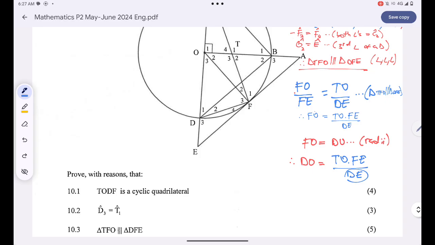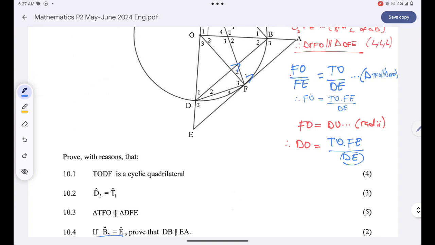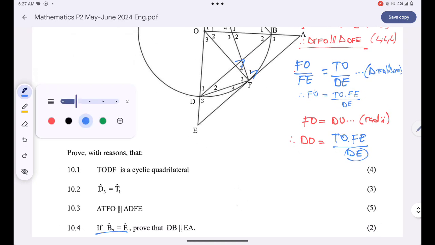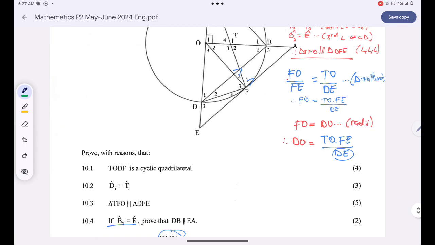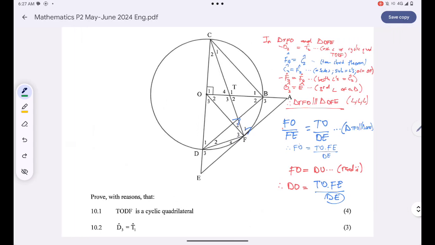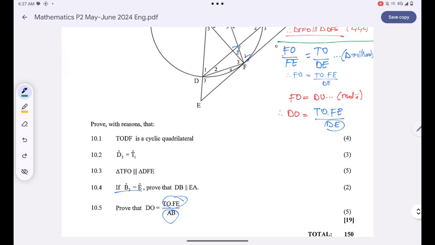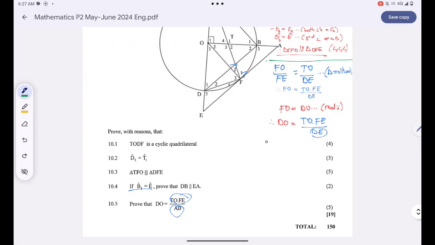Remember that, guys, I've already proven that these two are parallel to one another. Are you together? Let me use a green color. So since those two are parallel to one another, let me write over here. I can therefore conclude that OD all over DE is the same as OB all over AB.